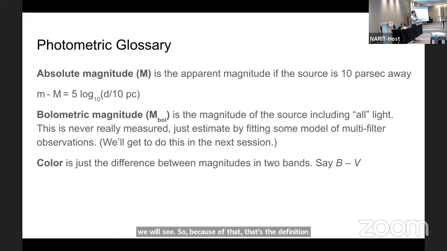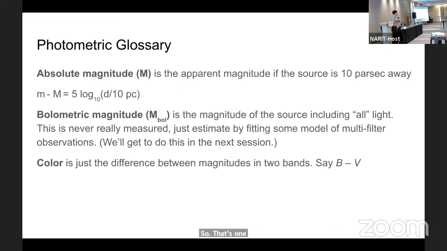The apparent magnitude minus the absolute magnitude is 5, and the extra factor of 2 here comes from the inverse square law, the d squared. When you take the log, it pops out. So you get 5 times log 10 of the distance of your source divided by 10 parsecs. It's always annoying to do this calculation and have to divide by 10 parsecs and not 1 or any other unit. So that's one number, absolute magnitude.